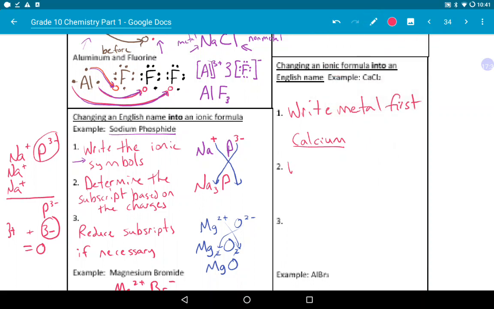So we write the non-metal second, so we're going to write calcium and chlorine, and then we change the non-metal ending to IDE.